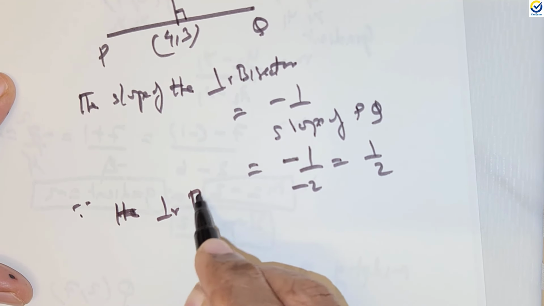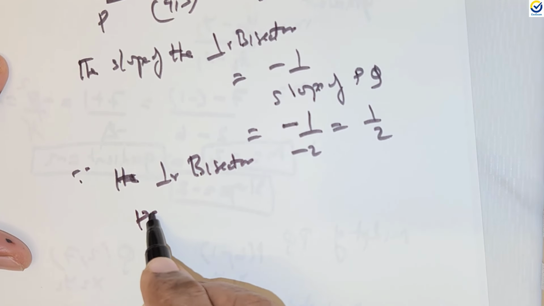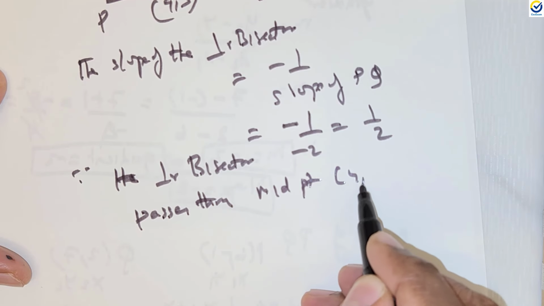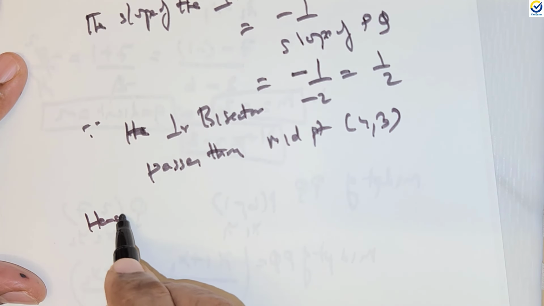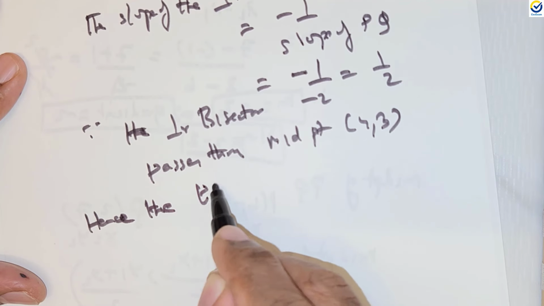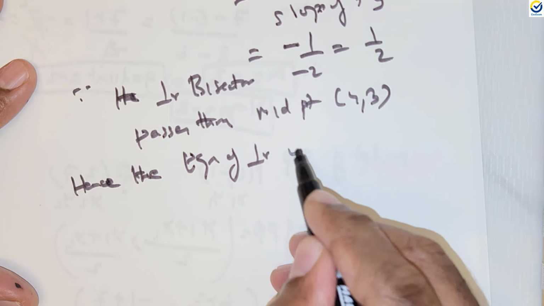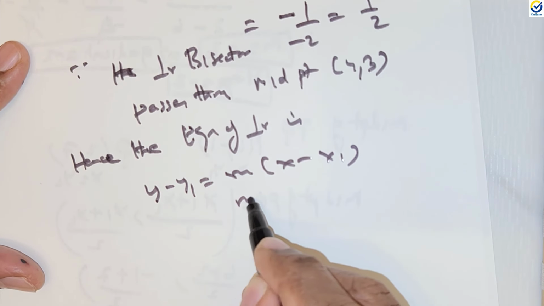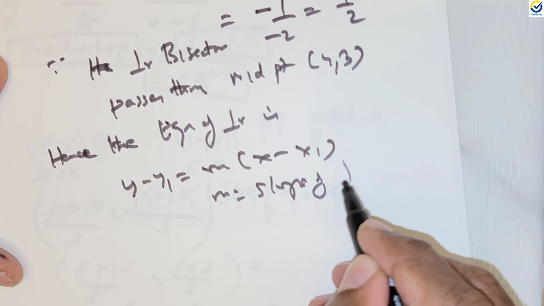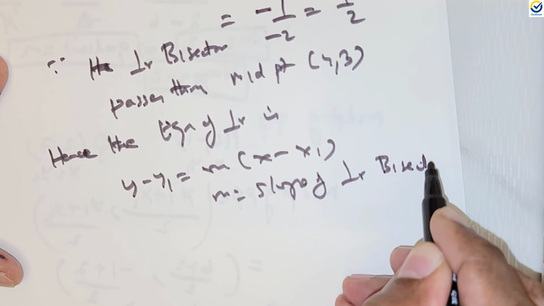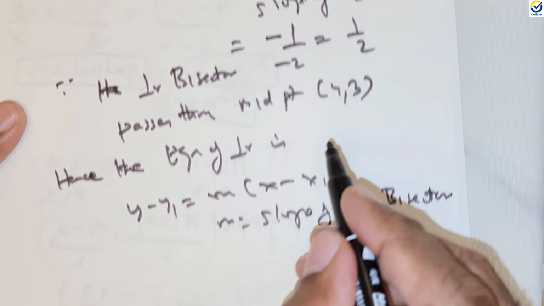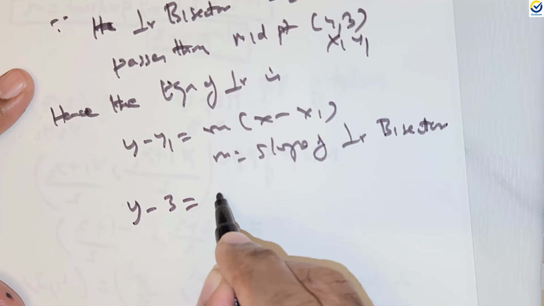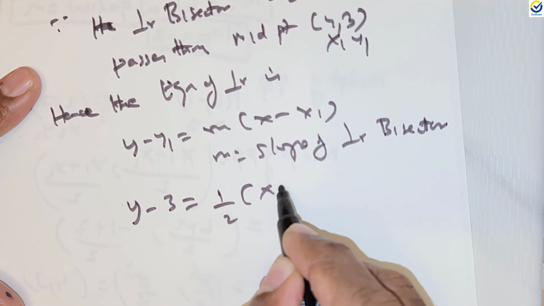Since the perpendicular bisector passes through the midpoint (4, 3), the equation of the perpendicular bisector is y − y1 = m(x − x1), where m is the slope of the perpendicular bisector. I take 4 as x1 and 3 as y1, so it's going to be y − 3 = (1/2)(x − 4).